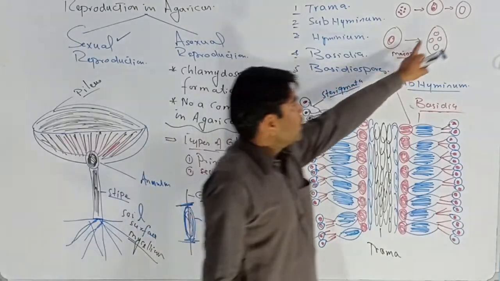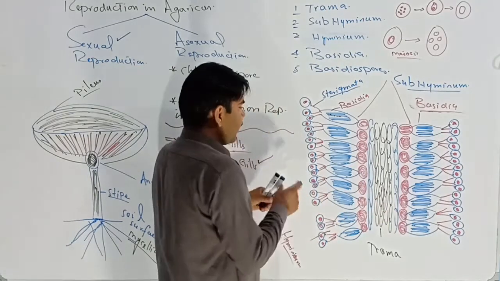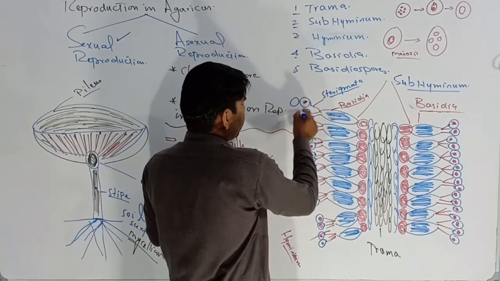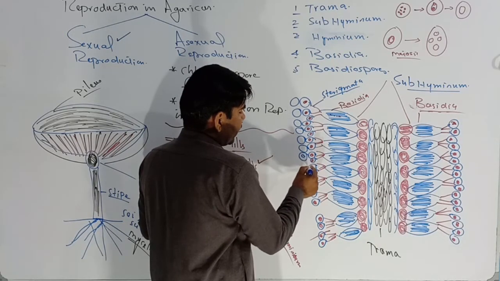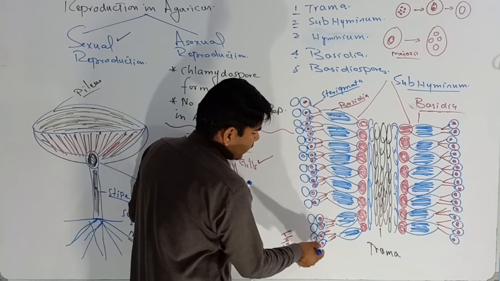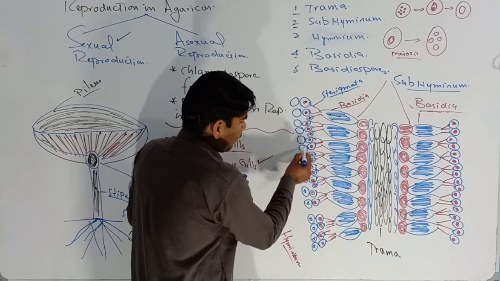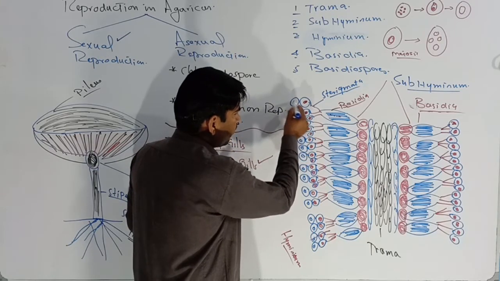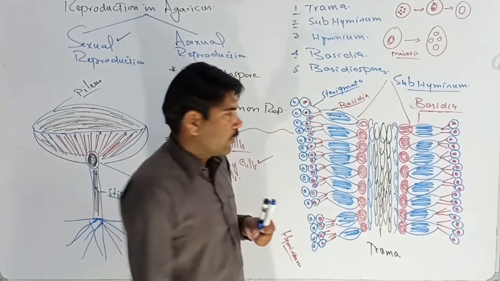Each of these cells again divides mitotically and will start producing basidiospores. These basidiospores are haploid, but they are produced with the help of mitosis.